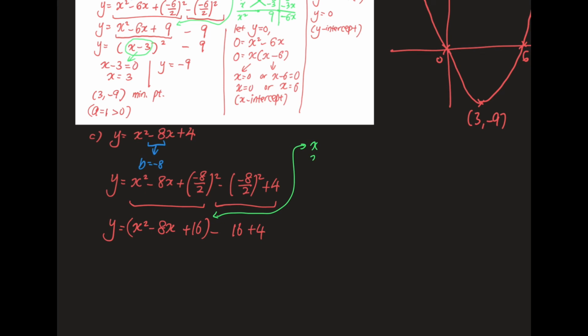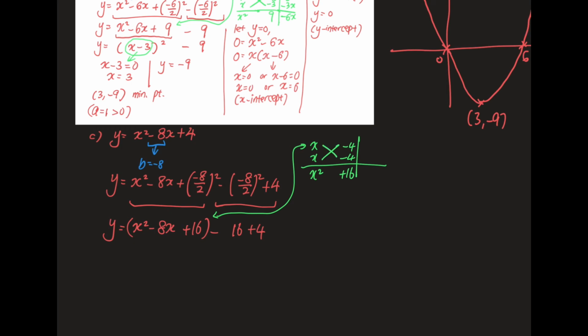So x times x, x squared. This is the manual way to factorize. And then we have 16 at the back. So you have to think of what multiplies with what to get positive 16, and at the same time, when you add up the two numbers, you have to get minus 8. So I think of minus 4 and minus 4. When you multiply them, you get positive 16.